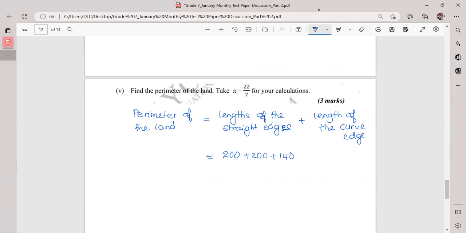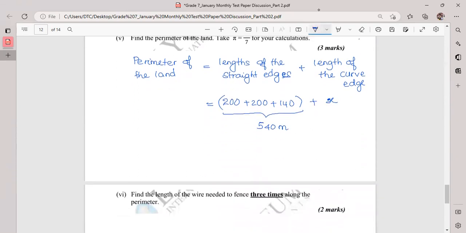You add all these together, and the curve edge length is X, right? So 200 and 200 is 400, and 400 and 140 added becomes 540 meters. Now we'll see how we can calculate the X value, right?